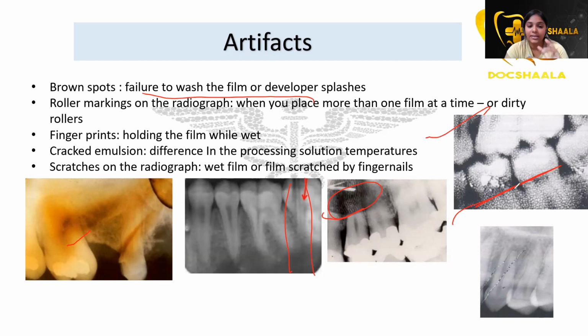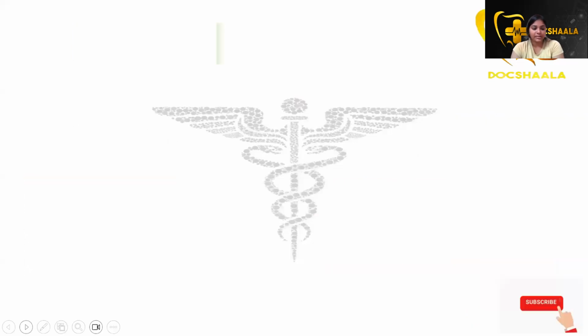And scratches on radiograph, when the fingernails are present, it might give scratches. So apart from this, we have some common artifacts like cone cut, right? Cone cut is when the position of the X-ray film and the light of the X-ray device is not proper, right? So these are some important artifacts you will observe in X-ray films.